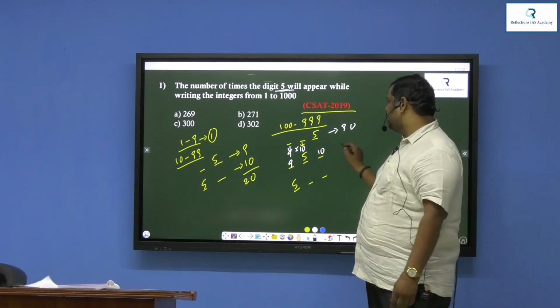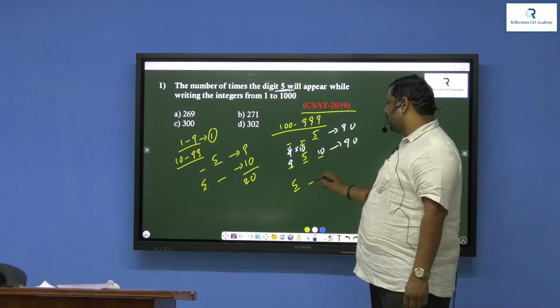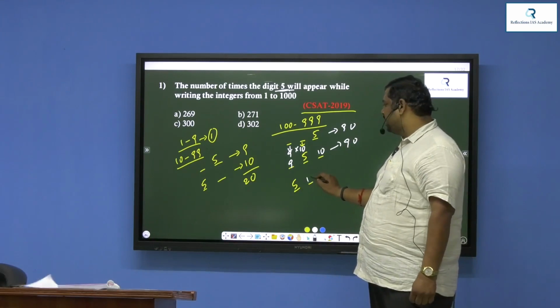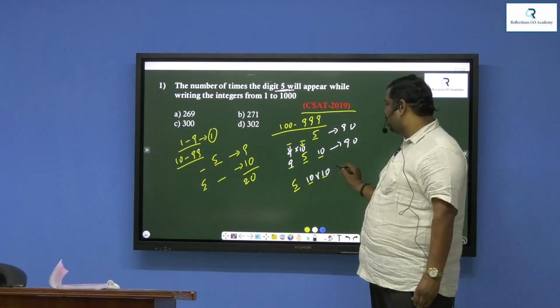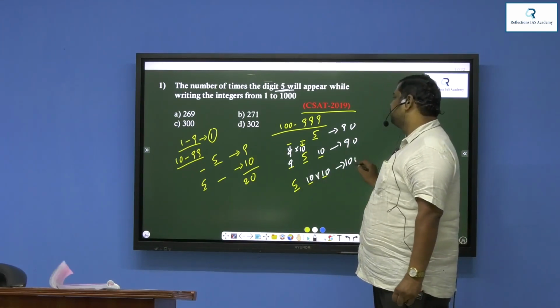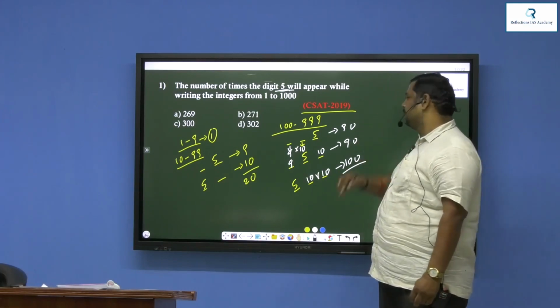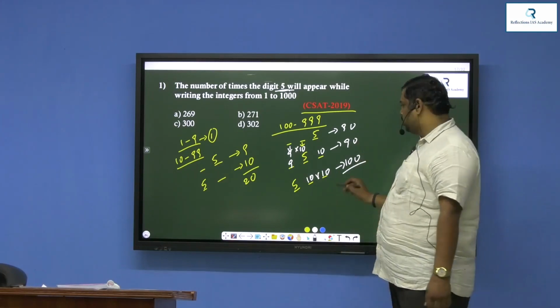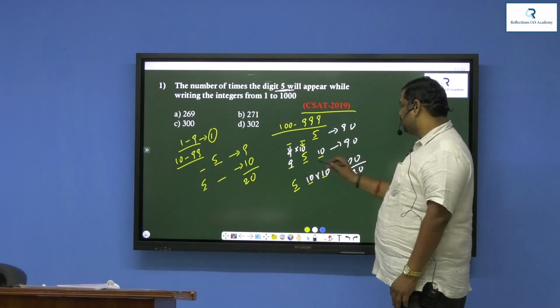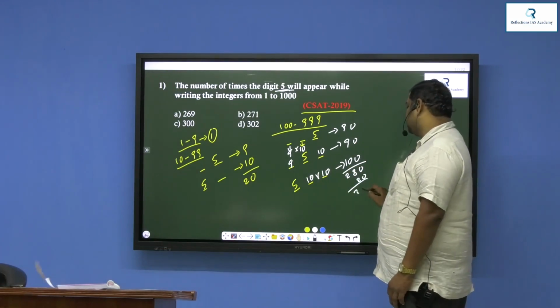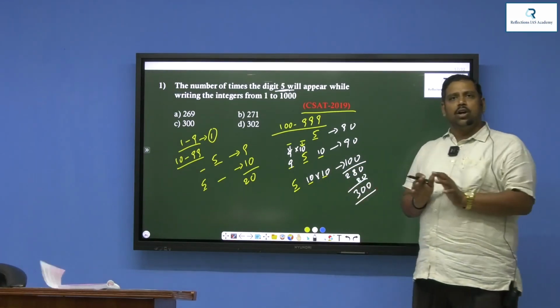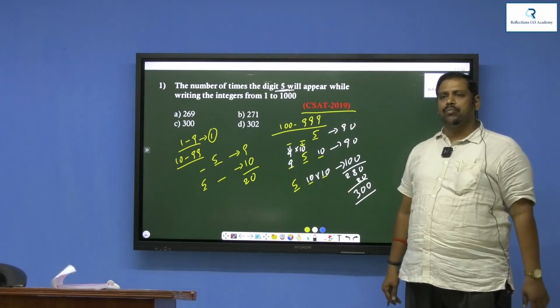So 9 into 10 means again 90. If this is 5, this can be 10 ways, this can also be 10 ways. Total how many? 100. Right? 100 plus 90 plus 90, how much is it? 280 plus 20. Total is how much? 300. Anyhow, first of all, do you understand this question now?